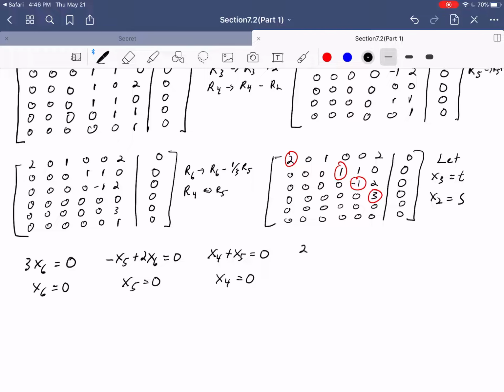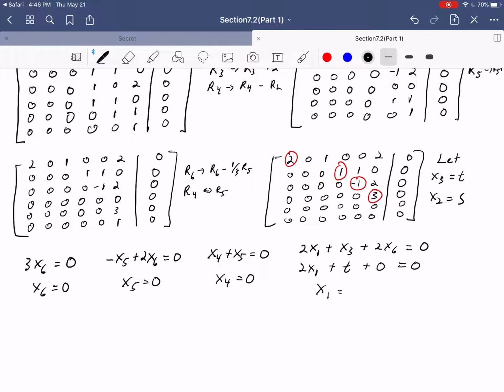But then, more interestingly, we get 2x1 plus x3. Plus x6 plus 2x6 is supposed to be 0. Now, if we think about that, that's going to give us that 2x1 plus t plus 0 is supposed to be 0.